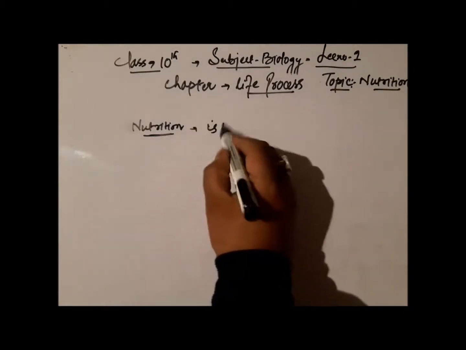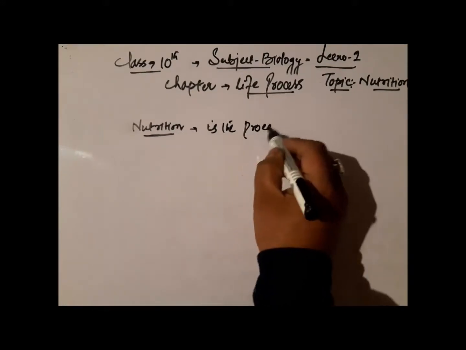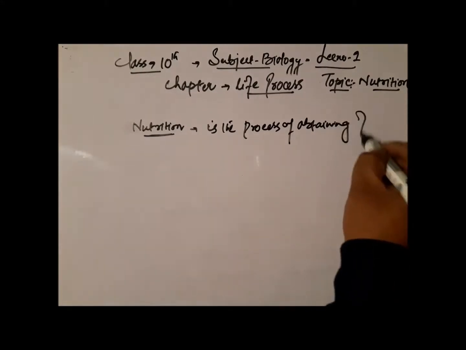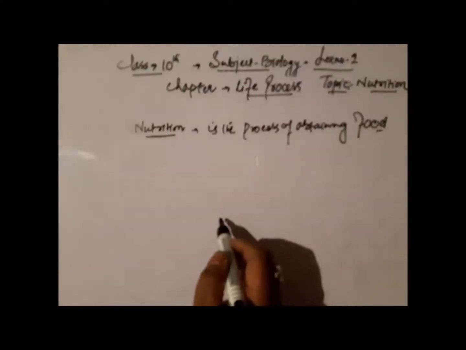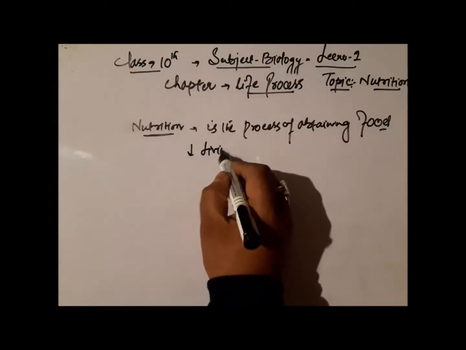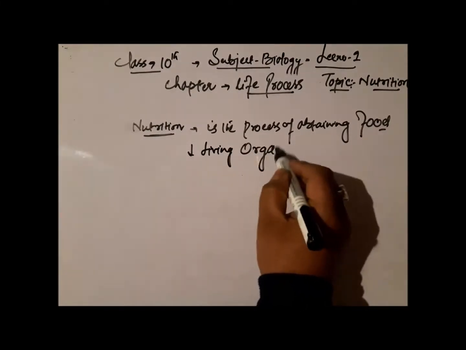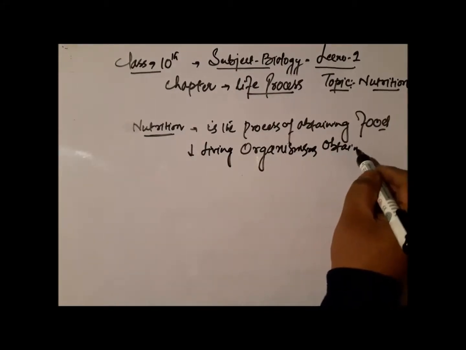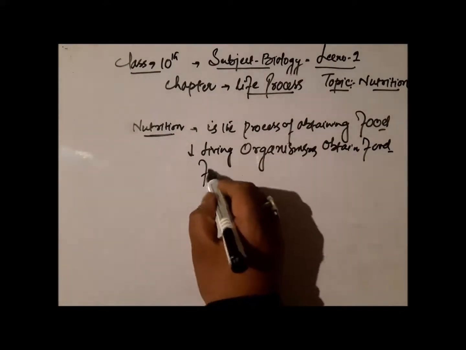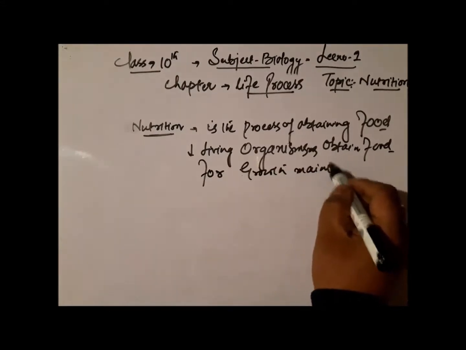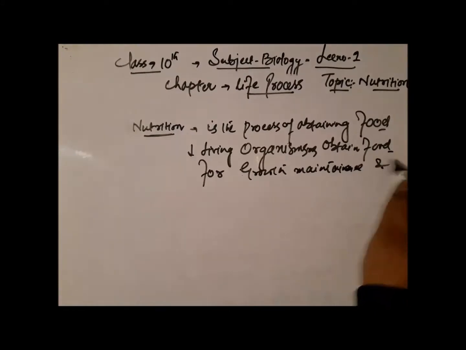So it is the process of obtaining food, or in other words, it is the process by which living organisms obtain food for growth, maintenance, and repair of the body.